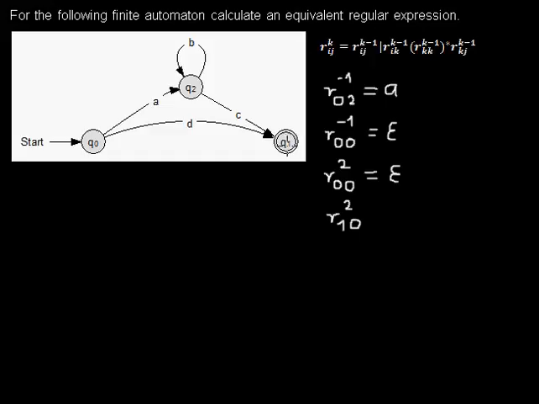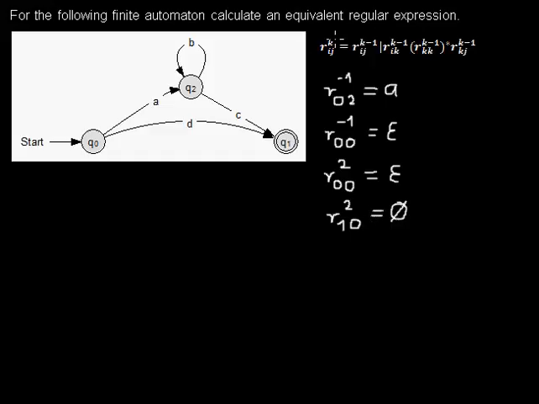So it's not possible to go from Q1 to Q0, and that means the answer is the empty set. That means there is no answer. You can't move from Q1 to Q0, no matter through which states you are allowed to pass.